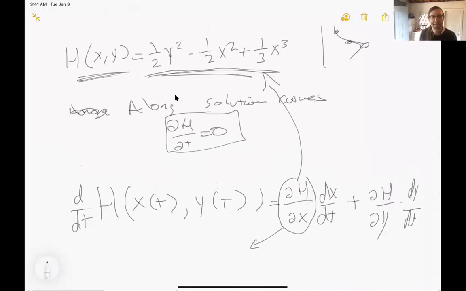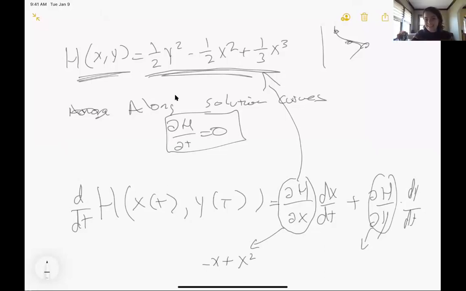Minus x plus x squared. Perfect. Good. Somebody else, what's the partial with respect to y? Y. Yeah, that's it. Just y.